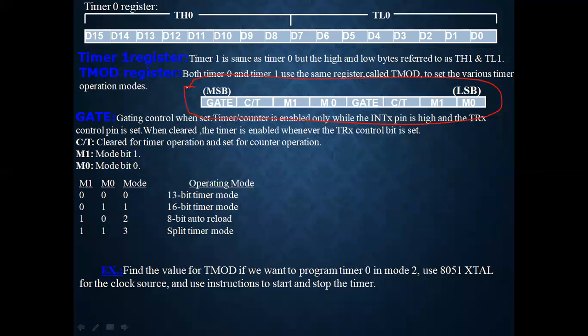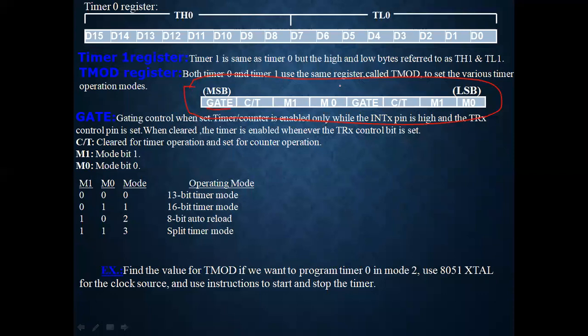TMOD means timer mode selector register. The timer modes can be selected by using this TMOD register. The first bit, that is the MSB, is the gate.